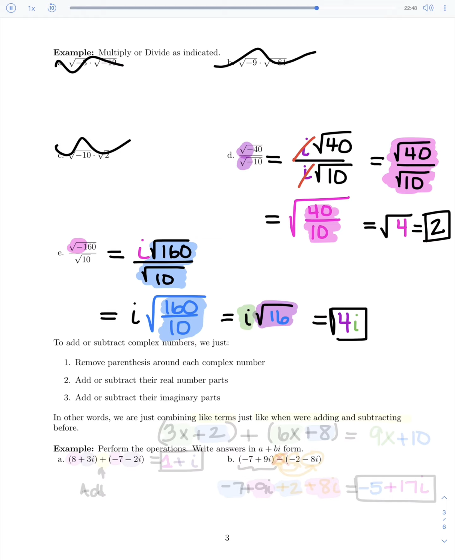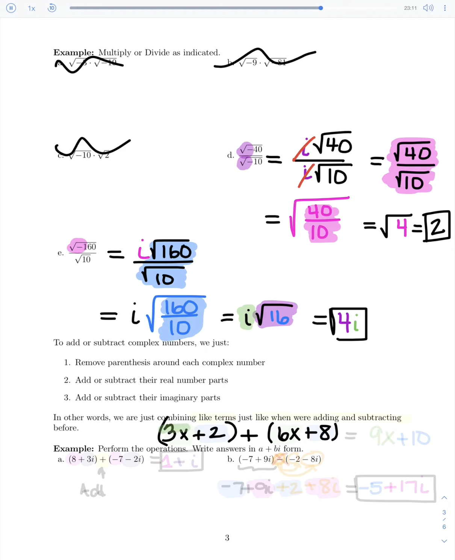The last thing that we're going to look at with complex numbers, or these imaginary numbers, is adding and subtracting. And just like anything in the past, if we had, let's say, a 3x plus 2 and we were adding it to a 6x plus 8, how did we do something like this in the past?